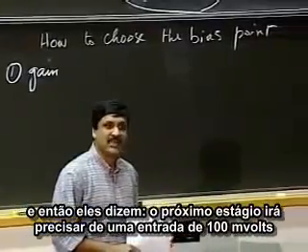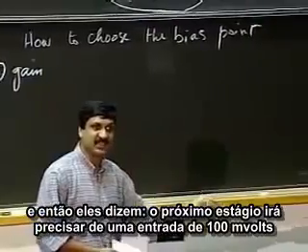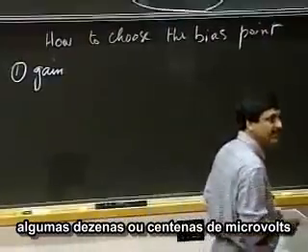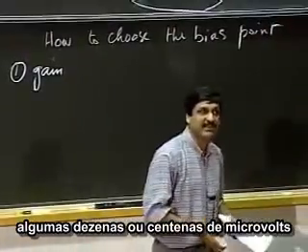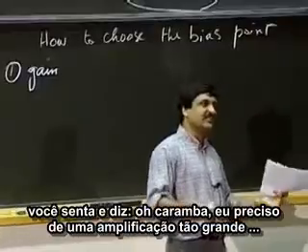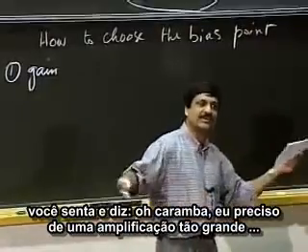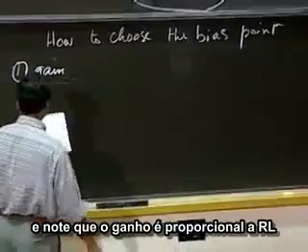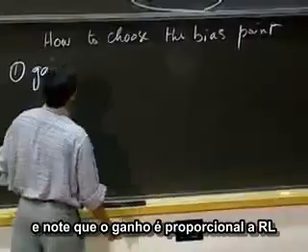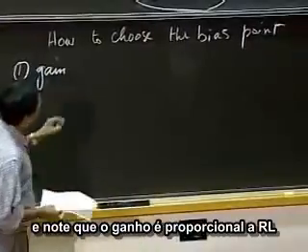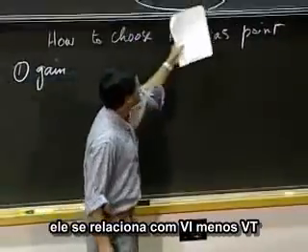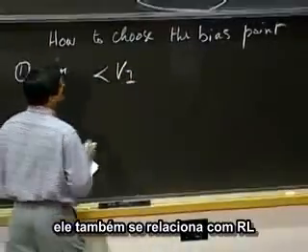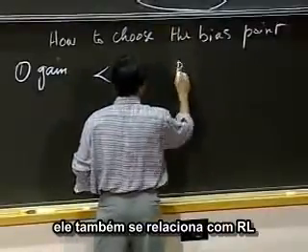And then they say, okay, the next stage needs 100 millivolt input, while the signal coming from your antenna is only a few tens, a few hundreds of a microvolt. So you sit down and say, oh my gosh, I need an amplification of so much, and you go design an amplifier. So gain tends to be a key parameter. And notice that gain is proportional to RL. It relates to Vi minus Vt, so proportional to Vi. It's also related to RL.